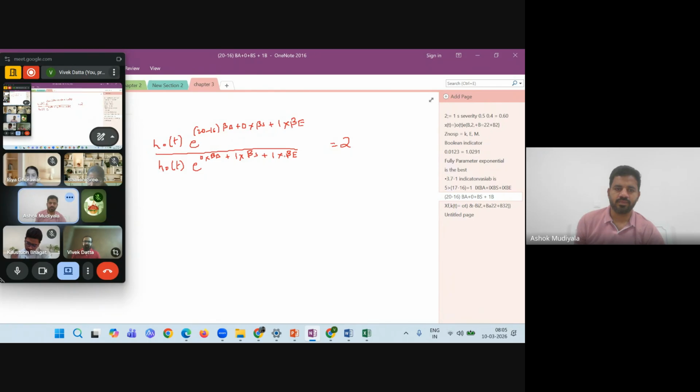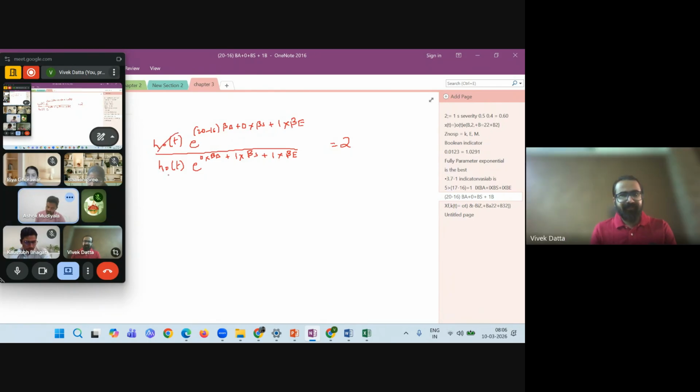So this gets cancelled. This is anyway 0. So what do I get? I get e raised to 4 beta a minus beta s is equal to 2, which gives me 4 beta a minus beta s is equal to ln of 2. These are my 3 equations now.